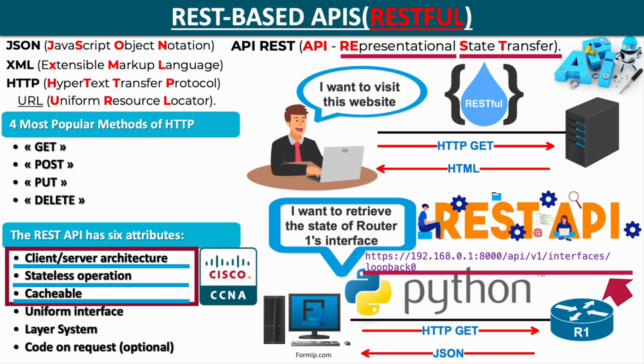We will therefore detail these first 3 attributes. Client-server architecture. In a client-server architecture, the client and the server are independent. That is, they interact with each other through the requests that the client makes. The client sends a request, and the listening server returns a response.